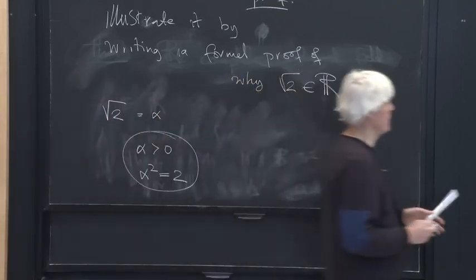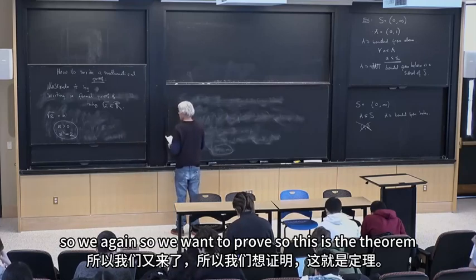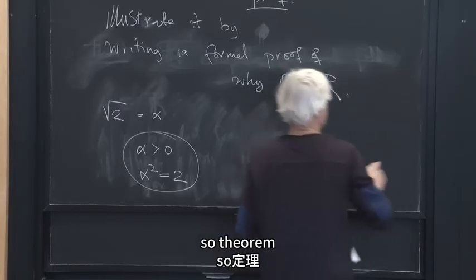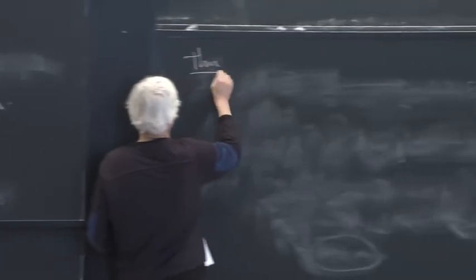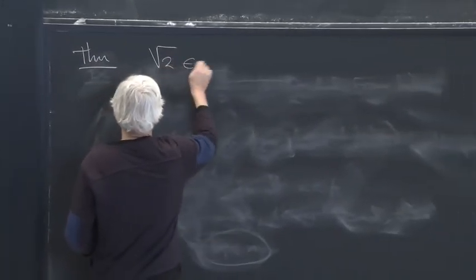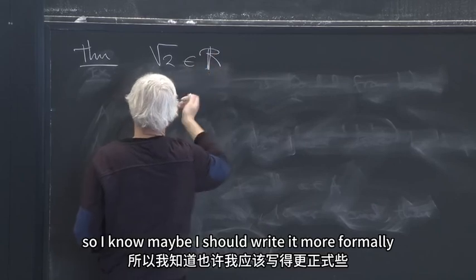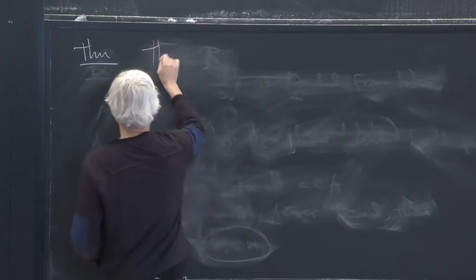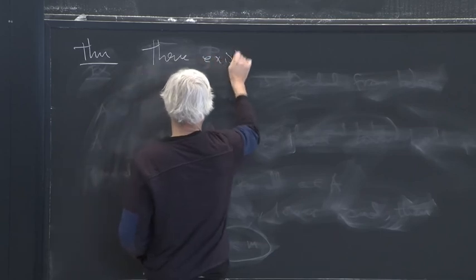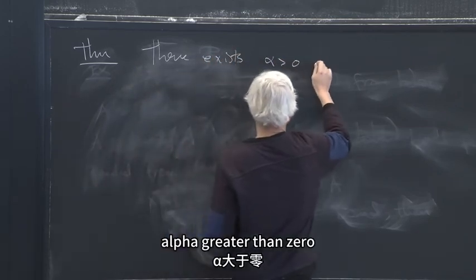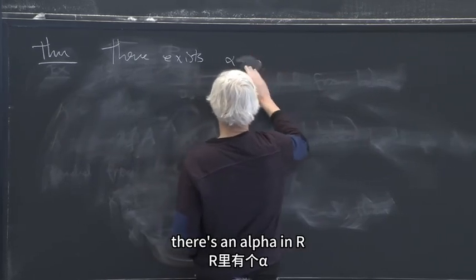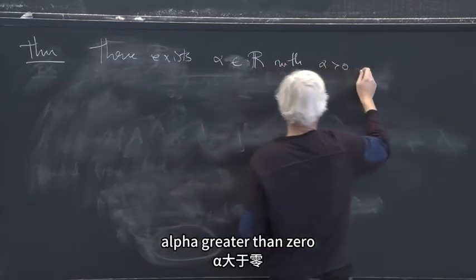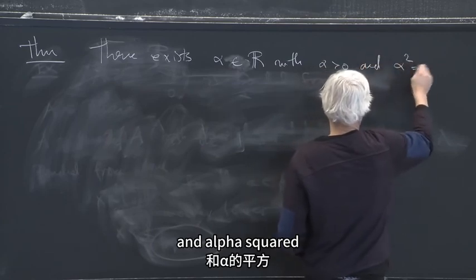Now, we want to prove this, so this is the theorem. Square root of 2 is a real number. Maybe I should write it more formally. There exists alpha in R with alpha greater than 0, and alpha squared is equal to 2.